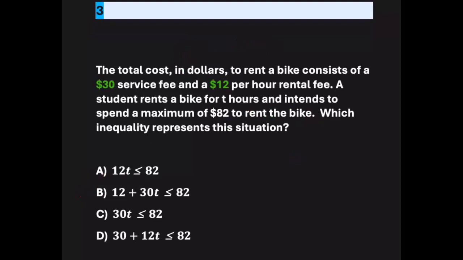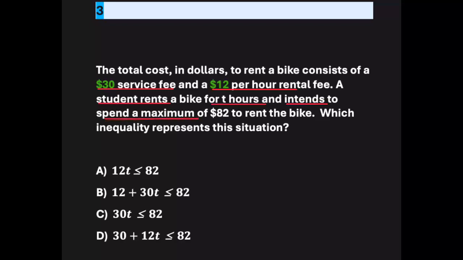We have a word problem, and it's about a bike for rent. The rate of the rent is $12 per hour, and there is a service fee on top of that. Michelle is a student, and she wants to rent a bike for 3 hours, and she wants to spend no more than $82.